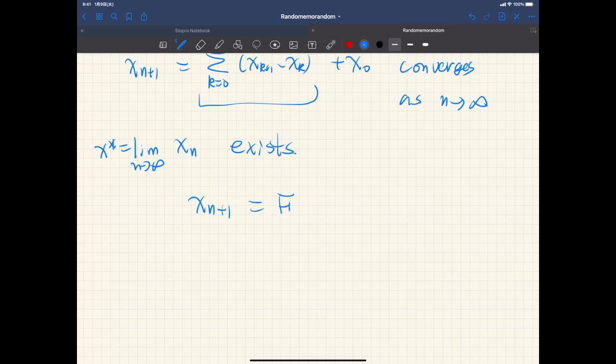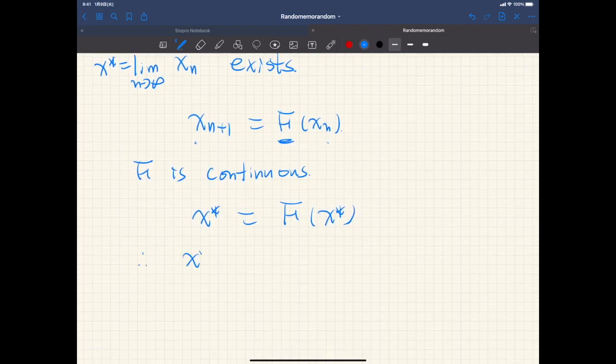Now, by definition xn plus 1 is equal to f of xn. For both sides, if we take n to infinity, then since f is continuous, because it's a contraction mapping, we therefore have x star equals f of x star.